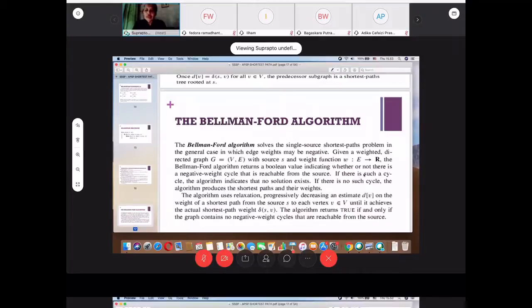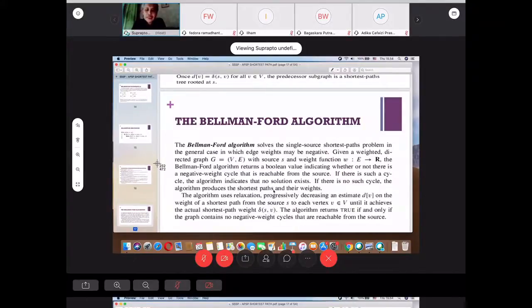If there is such a cycle, the algorithm indicates that no solution exists, right? However, if there is no such cycle, the algorithm produces the shortest path and their weights.